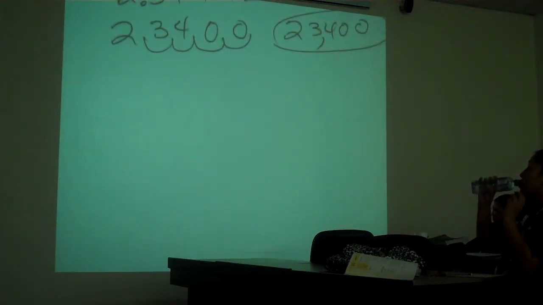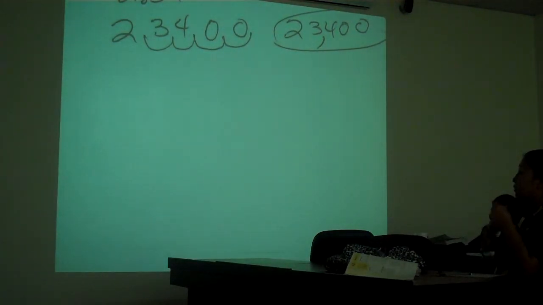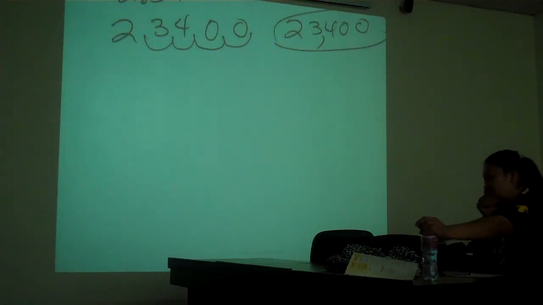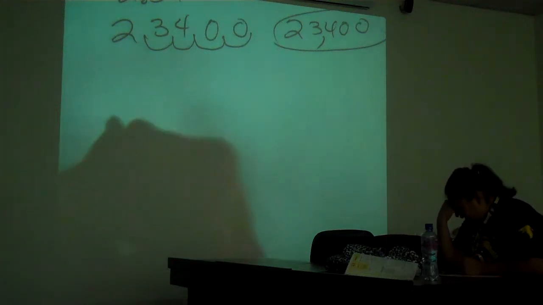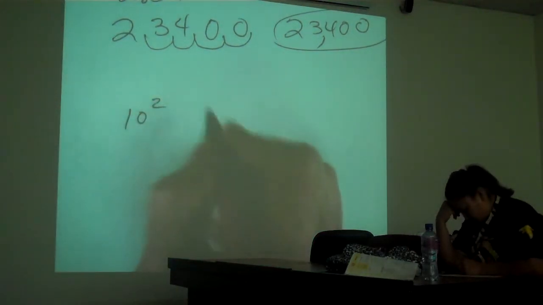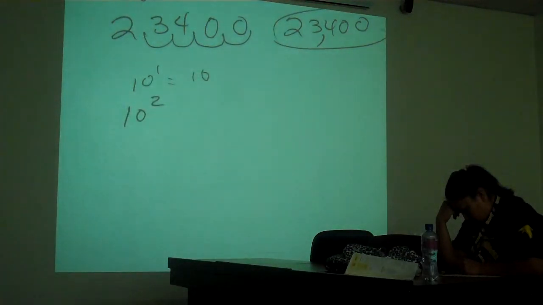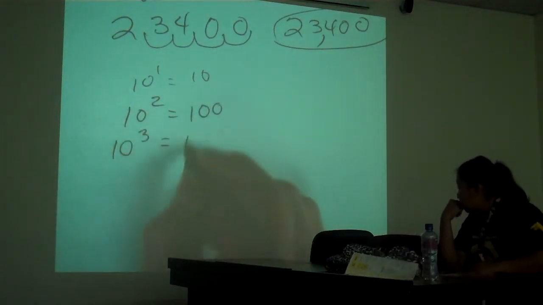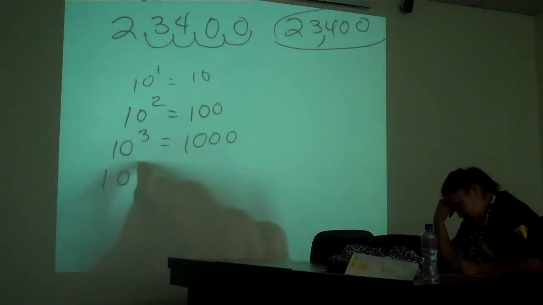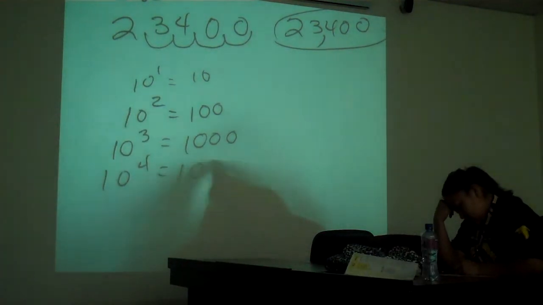Okay. 10 to a power, like large numbers. It says naming large numbers, because there's some numbers here that have, like, 10 to the second power. 10 to the 1 is just 10, right? 10 to the second power, 100. 10 to the third power, 1,000. 10 to the fourth power, add another 0.